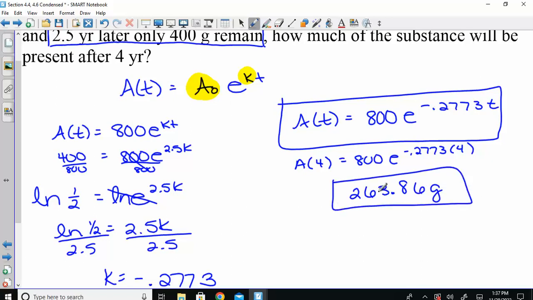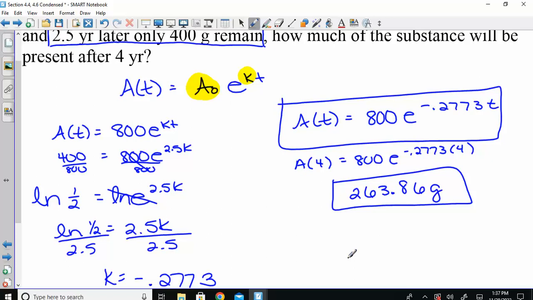And we get about 263.86 grams. So we had to write our equation, find our K, and then we could find the amount at any given point in time.